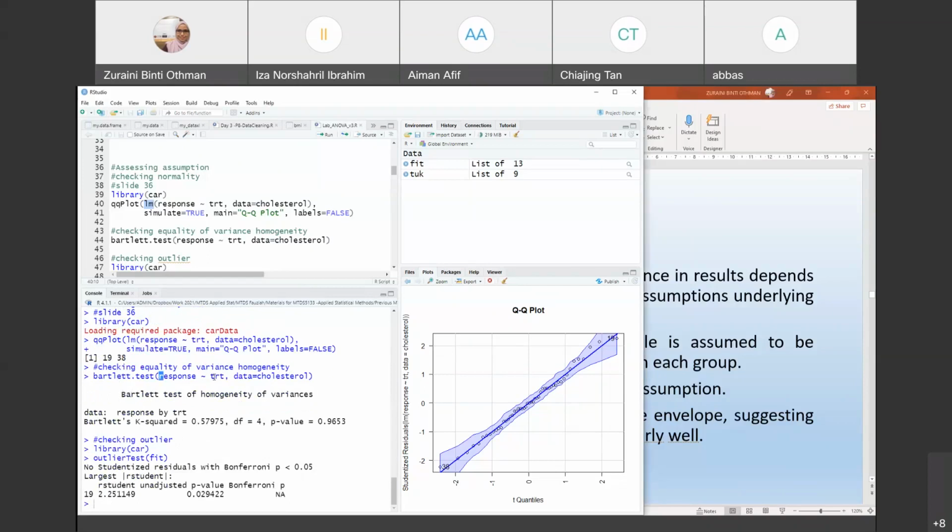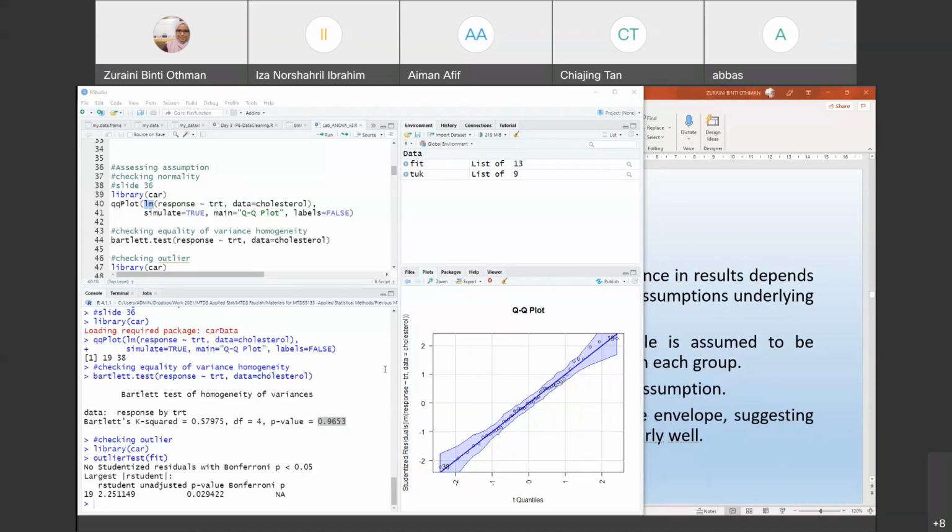This is the code for the Bartlett test for the cholesterol data. The Bartlett test indicates that the variance in the 5 groups doesn't differ significantly, because the p-value here is 0.97. Okay, another possible test is the Fligner-Killeen test, provided by the fligner.test function.